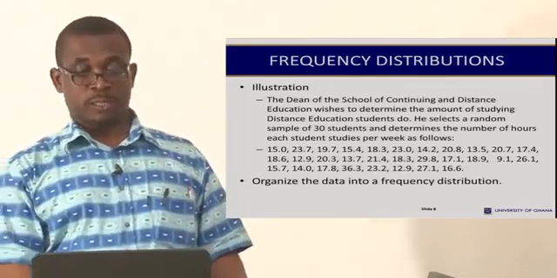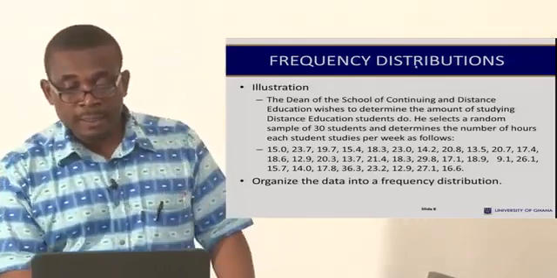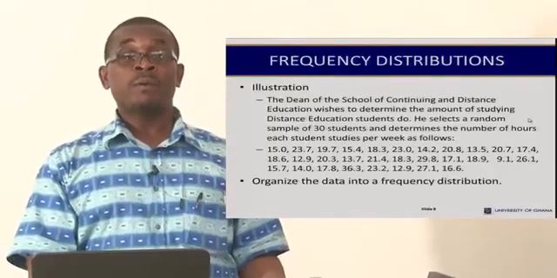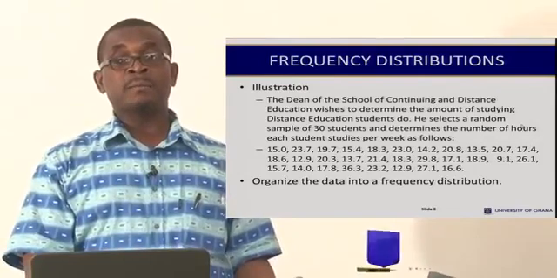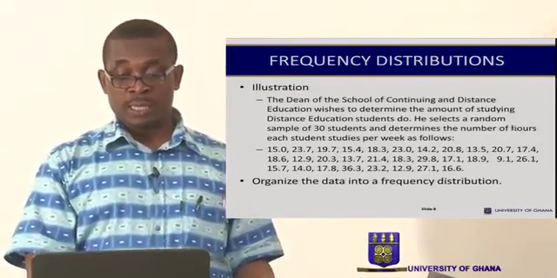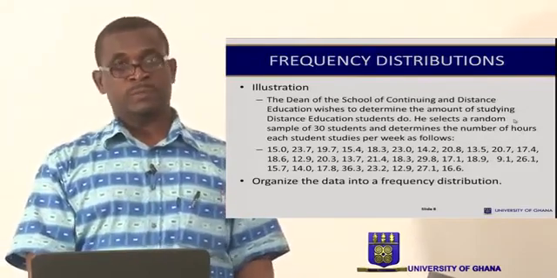So let's illustrate. Now you can see what I have in front of you. Let's say that the dean of the School of Continuing and Distance Education wishes to determine the amount of studying distance education students do. So he selects a random sample of 30 students and then asks them how many hours they studied this week, for example.